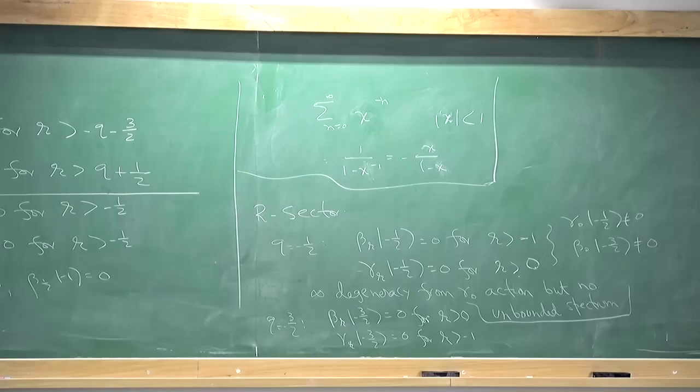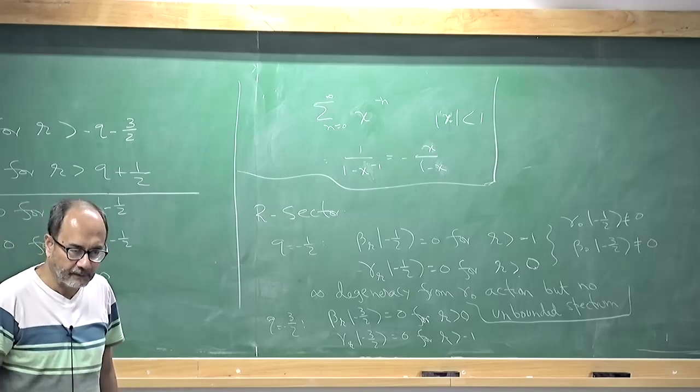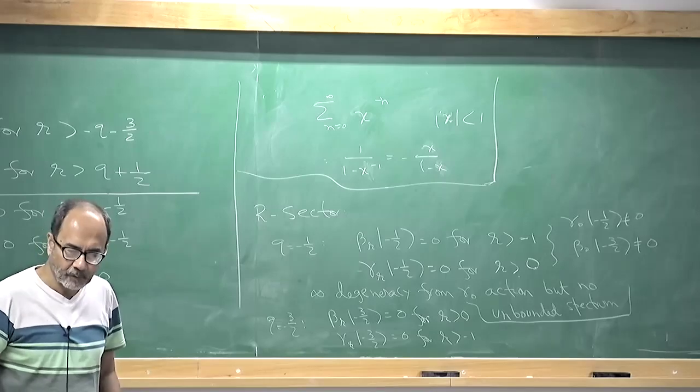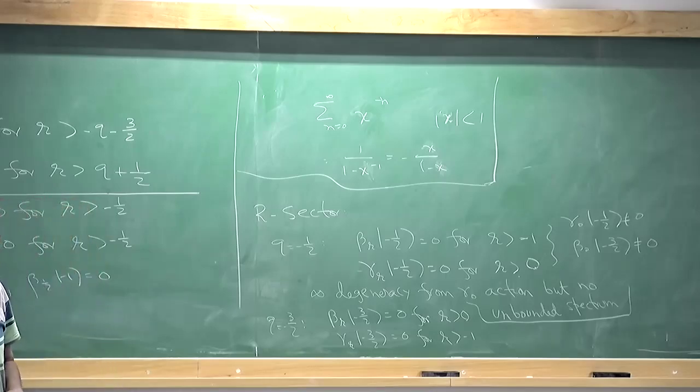You can work with either. If you are doing just an on-shell calculation, you can work with either. If you are trying to formulate a string field theory, then you need both. We'll see what you mean by either; that also will come eventually.